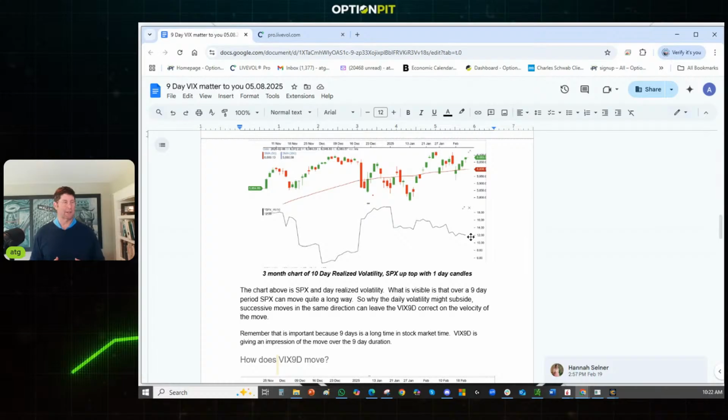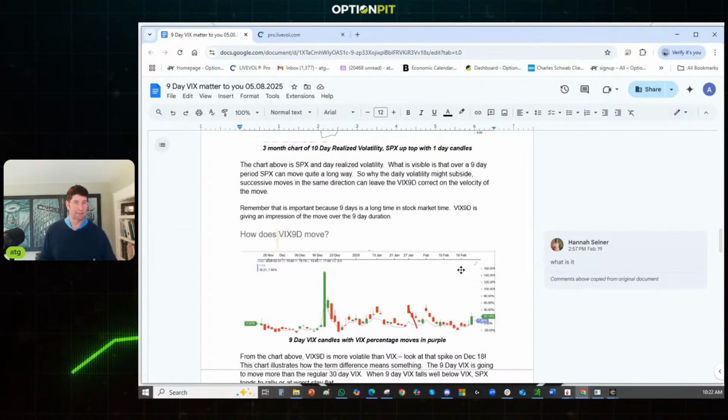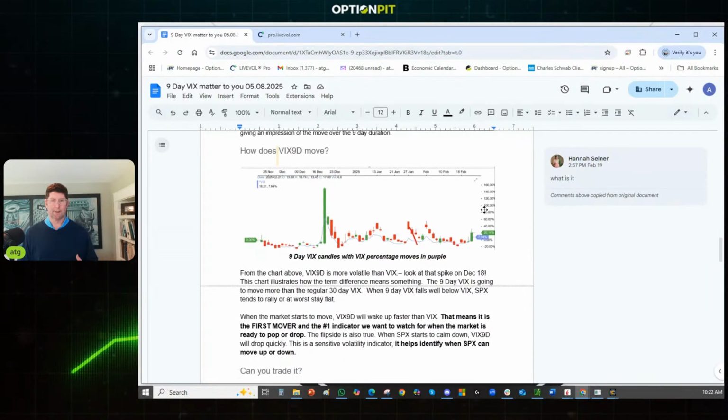So again, these are very strong correlations between stocks going up and realized volatility slowly going down. But right now what's happening is traders are still paying up for options in the short term because they think, or other traders are paying up for, options going up.